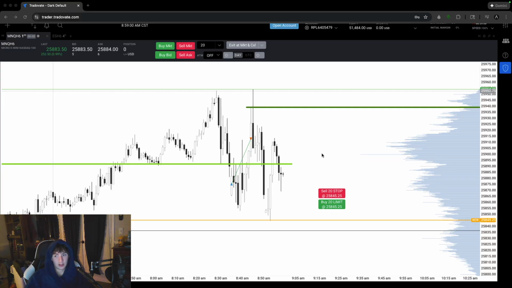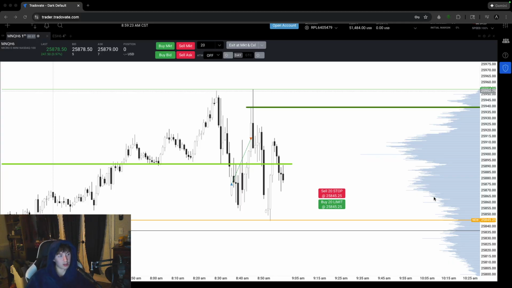All right, we filled in all those fair value gaps, and we closed inside of this and this inverse fair value gap after taking out this low and closing in a low volume node. So we shall see what happens.